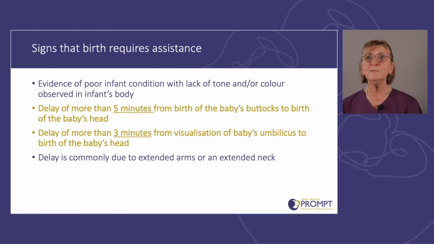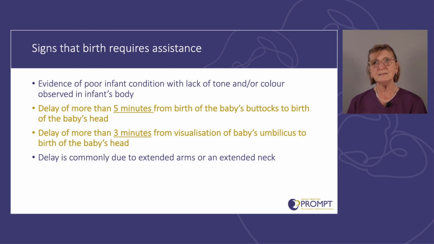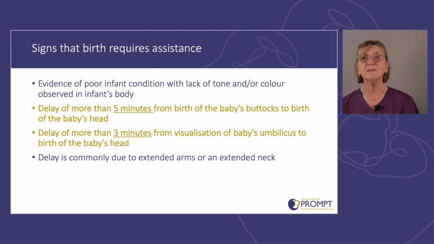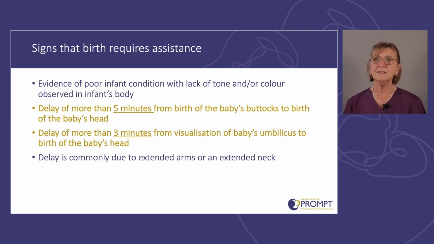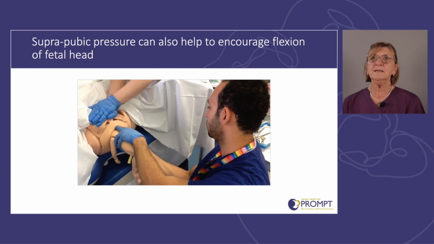And if there's a delay of more than 3 minutes from visualisation of the baby's umbilicus to the birth of the baby's head, then again assistance is required. Delay can commonly be due to extended arms or an extended neck, and so again manoeuvres might be required to resolve these. Thinking of difficulties with delivery of the baby's head, suprapubic pressure can be something that is encouraged to encourage flexion of the fetal head, and you can see that in this picture here.